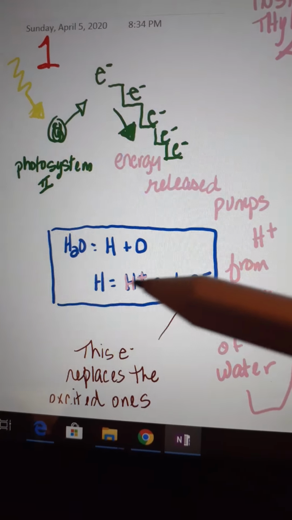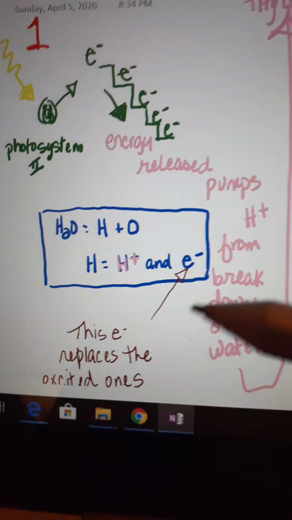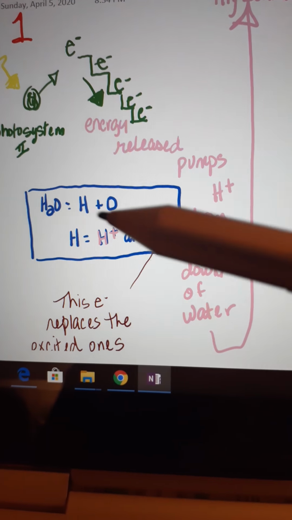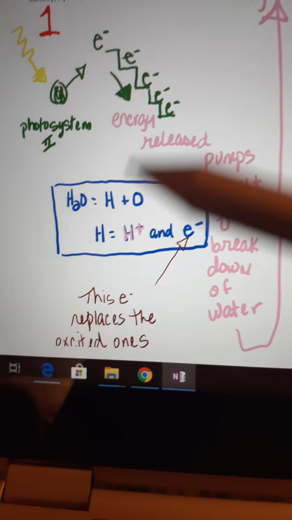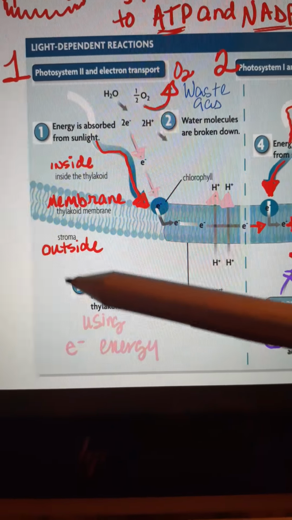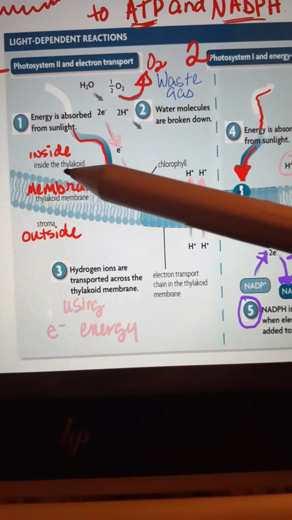And a hydrogen atom is a hydrogen ion, a proton, and an electron. So the hydrogen ions that get created when water gets split, when light energy hits it, get pumped from the outside stroma, where the water is, inside this thylakoid space.